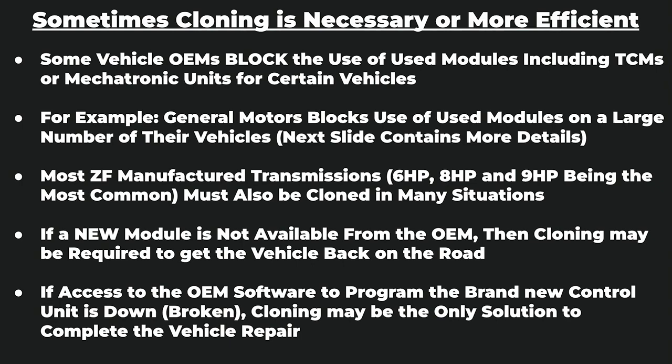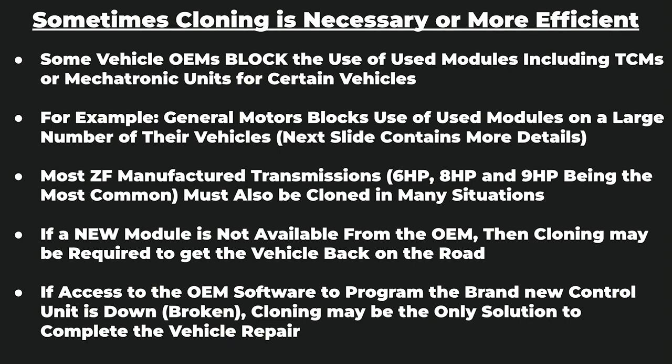We may also see that the module manufacturer builds in some sort of encryption or algorithm that also prevents this type of used module installation. Now, cloning in many situations can bypass or defeat this measure. The goal of the cloning is simply to restore the vehicle back to normal function and operation.